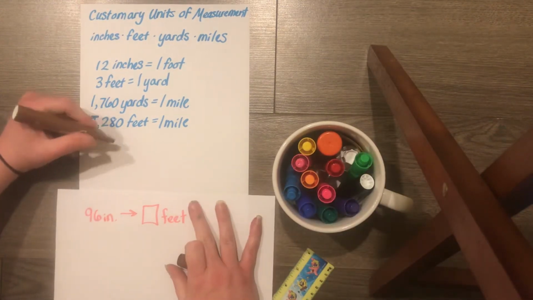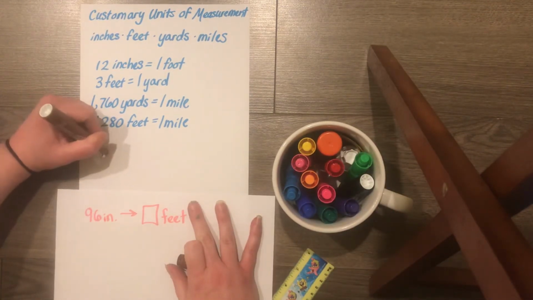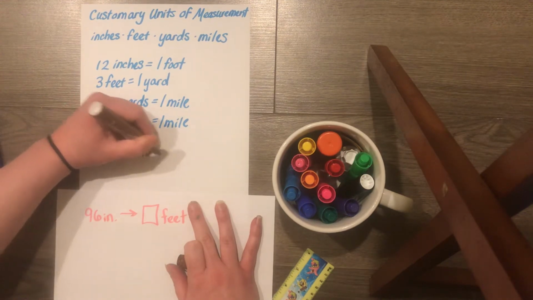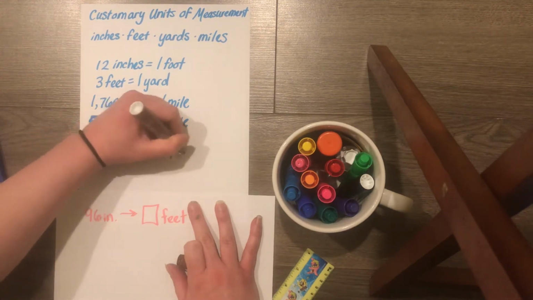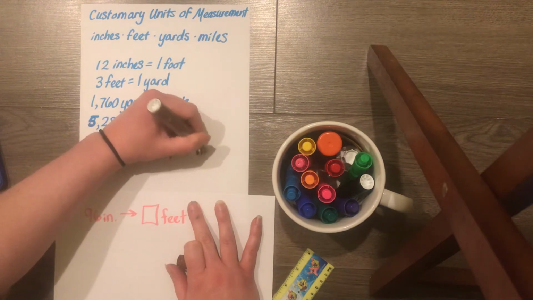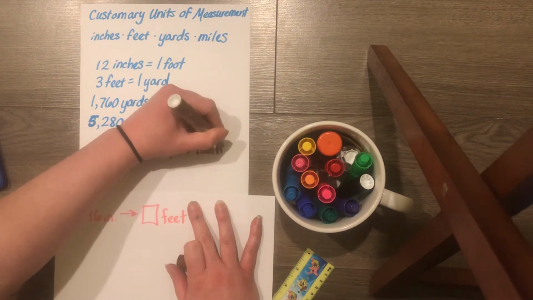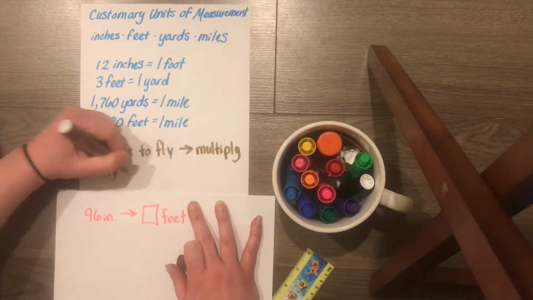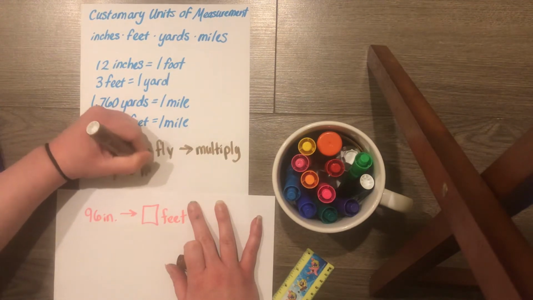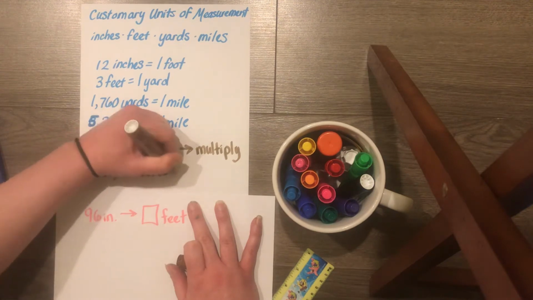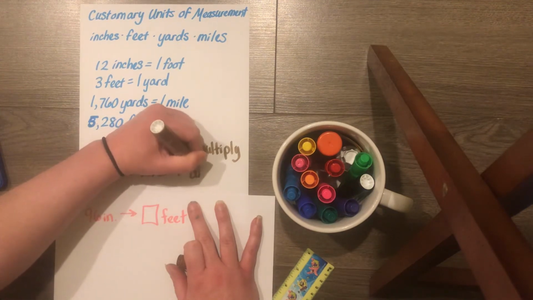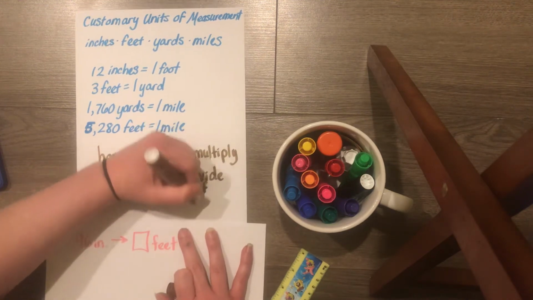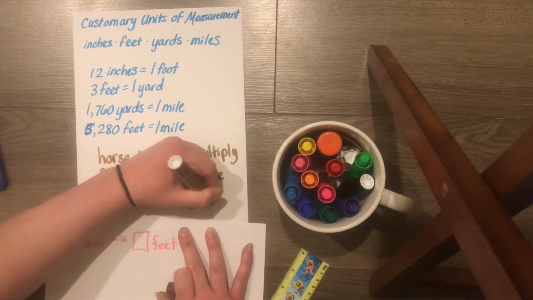It's called horse to fly, multiply, and fly to horse, divide, of course.